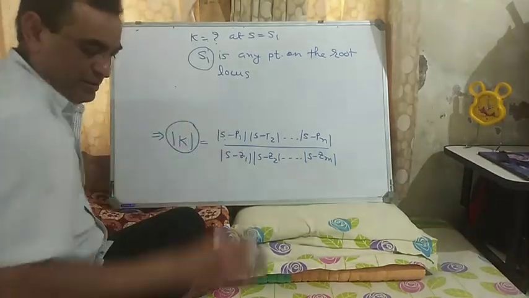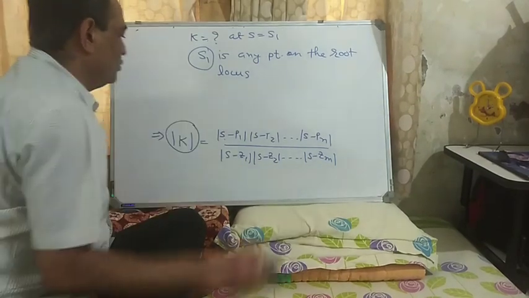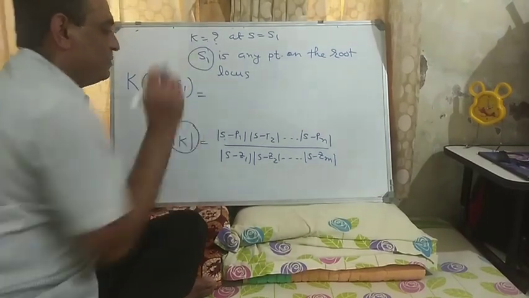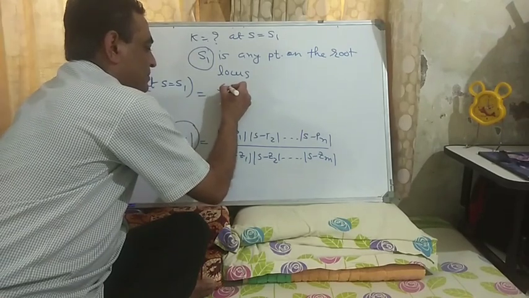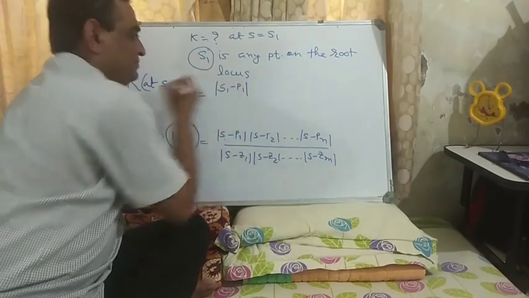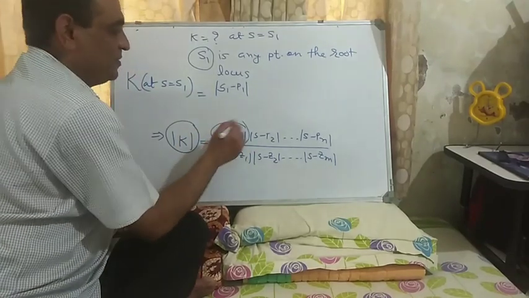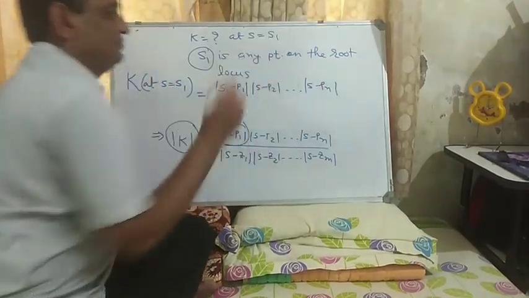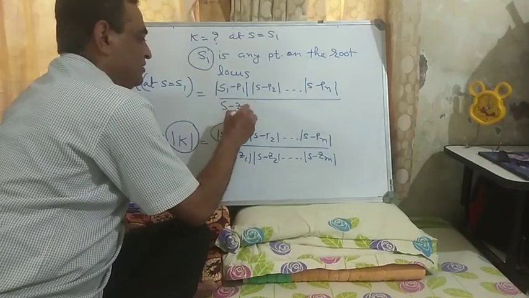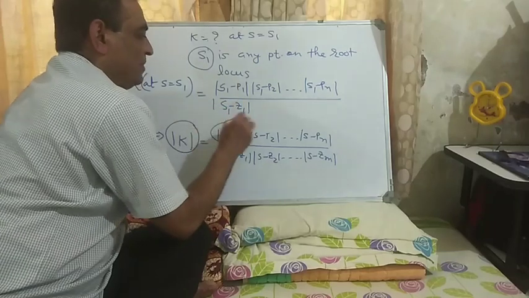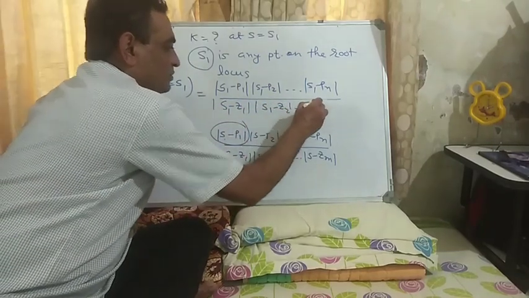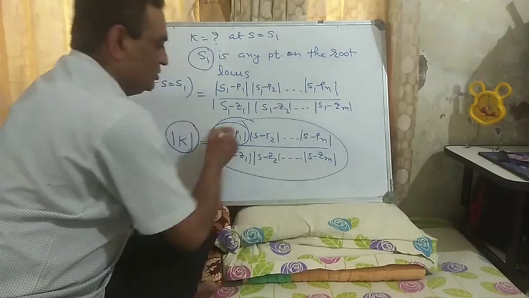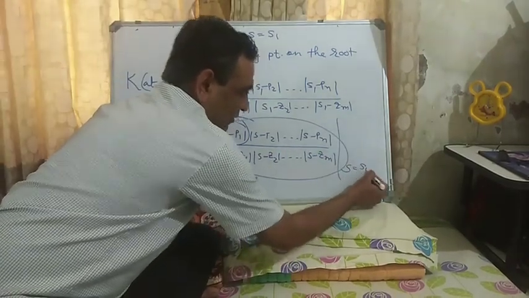So K at s equal to s1 is given by |s1 minus p1| |s1 minus p2| up to |s1 minus pn|, divided by |s1 minus z1| |s1 minus z2| up to |s1 minus zm|. Note that these are magnitudes, calculated at s equal to s1.